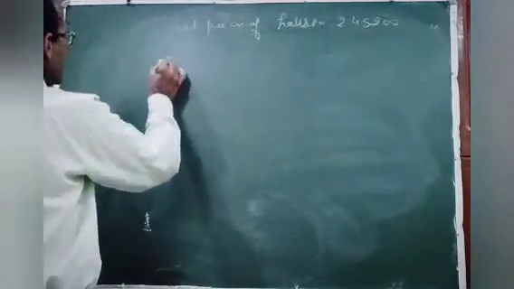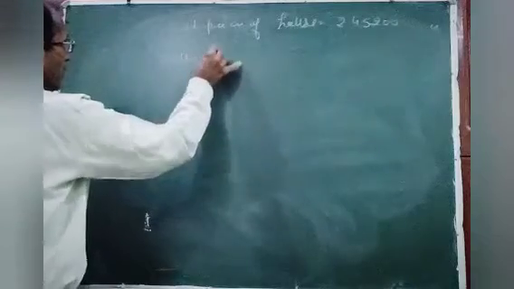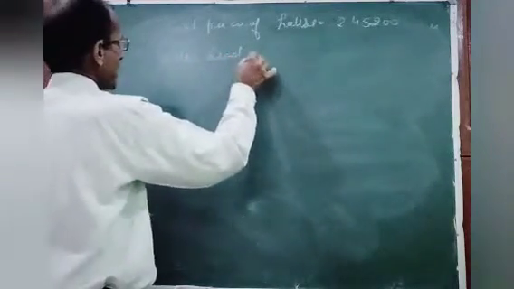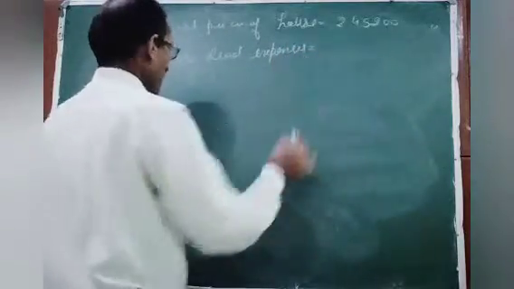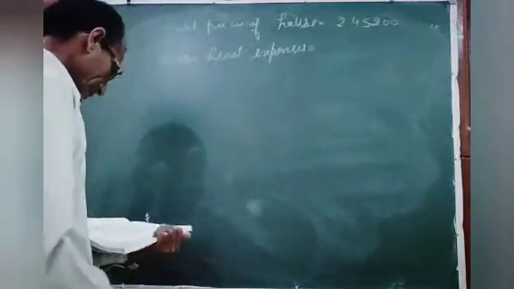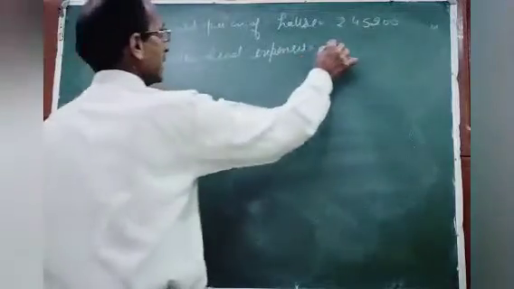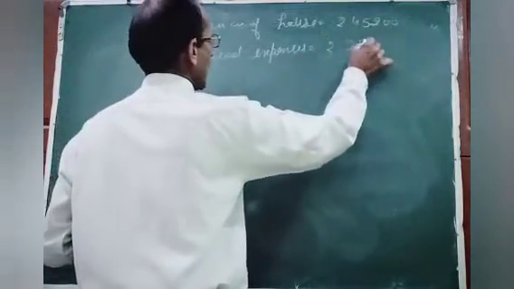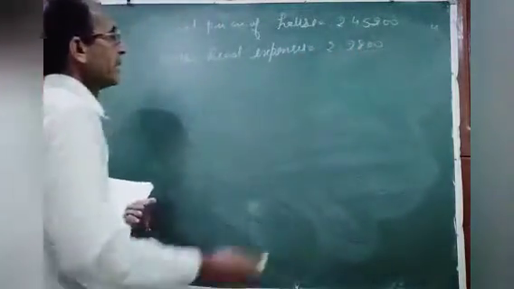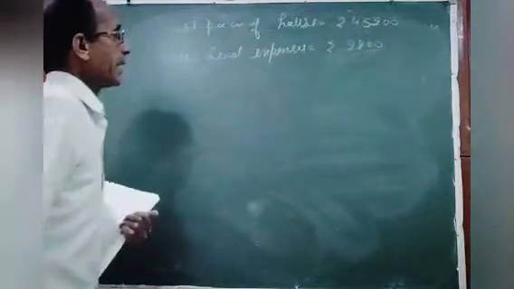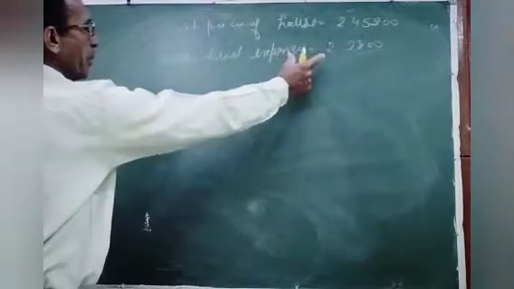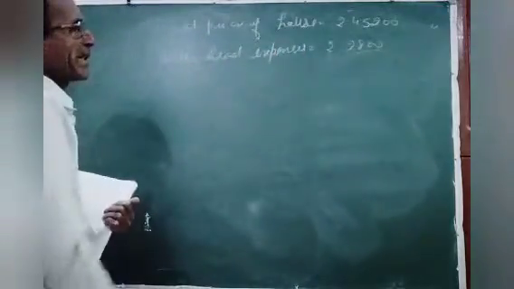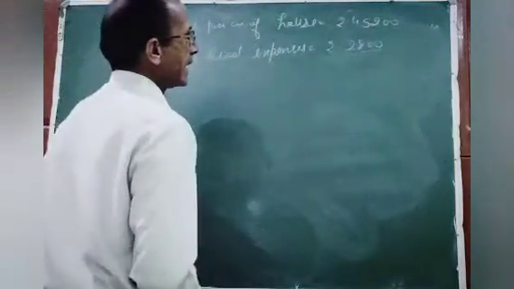Overhead expenses. How much he spent? Rupees 2,800. First he paid 45,200 and after that he spent for repairing or overhead expenses 2,800.